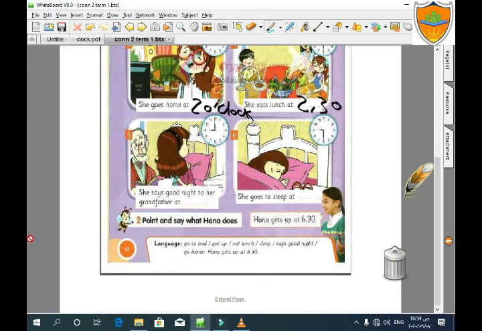She says good night to her grandfather at 9 o'clock. And last picture, she goes to sleep at 9:30.